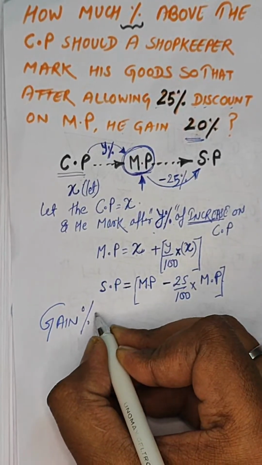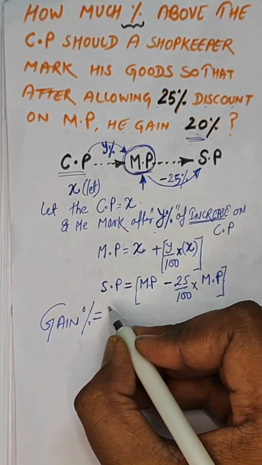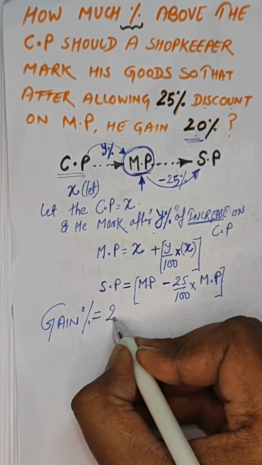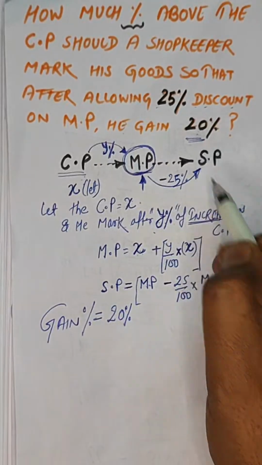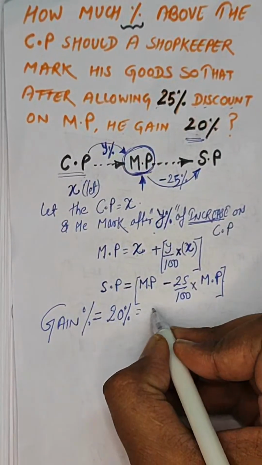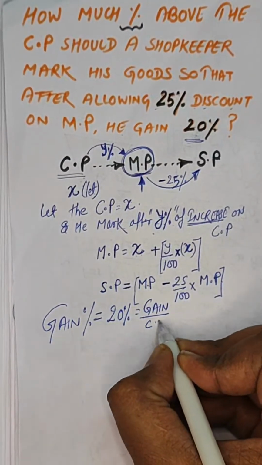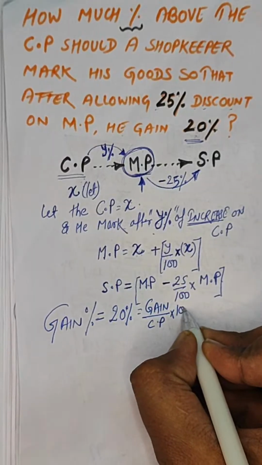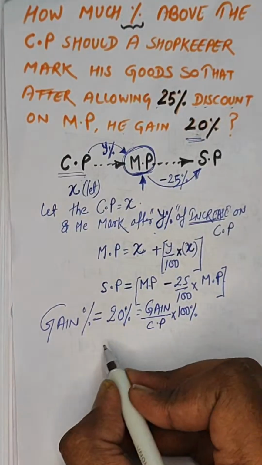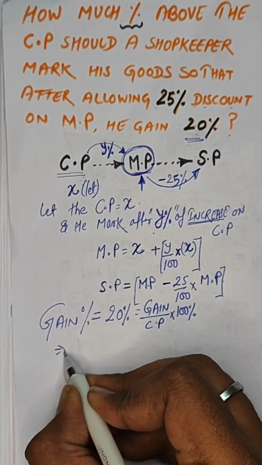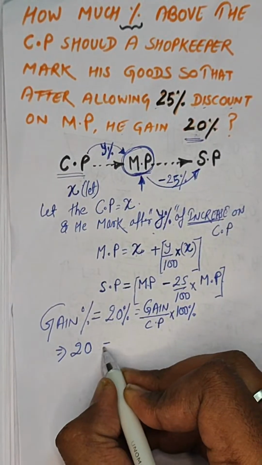The gain percent here is 20, so 20% is the gain percent, as you can see. And you know the formula of gain percent is gain by CP into 100, because gain or loss is always calculated on the cost price. So from here, if you put in the values, 20 on the LHS will be equal to gain.